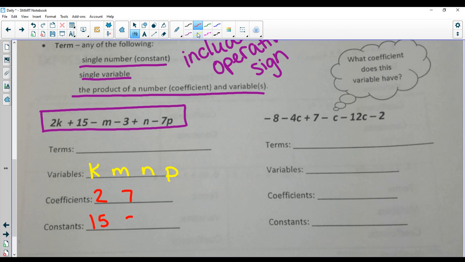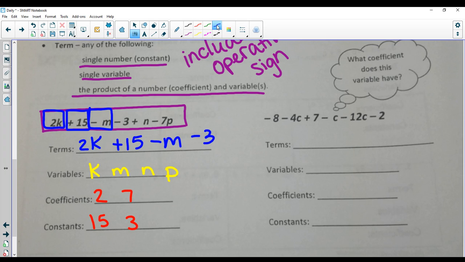15 and 3. So your terms are a little bit different. Your terms are the chunks. So it's 2k, then it's going to be plus 15, then it's going to be minus m. What's the next one going to be?